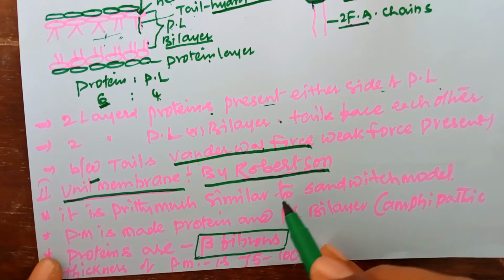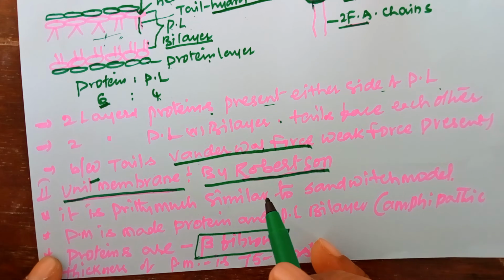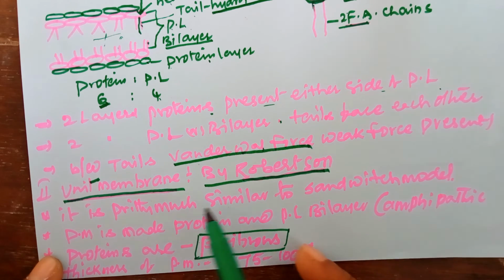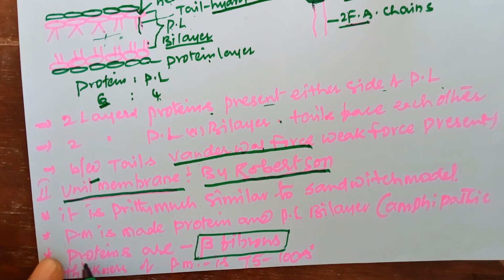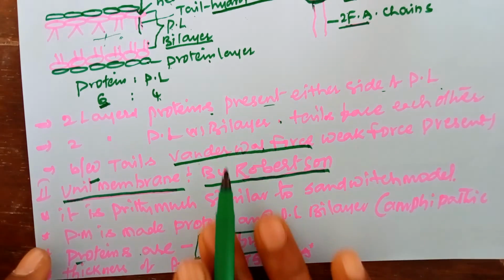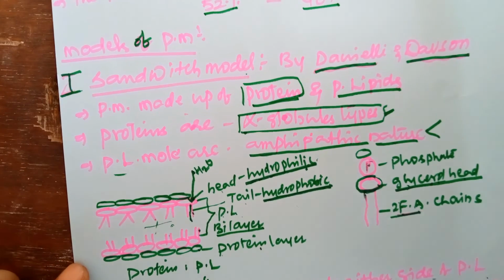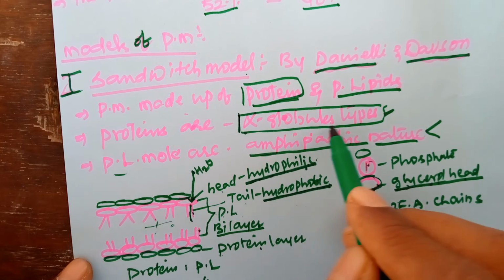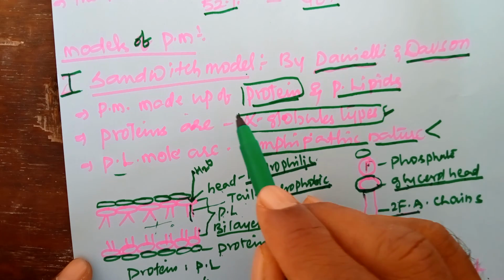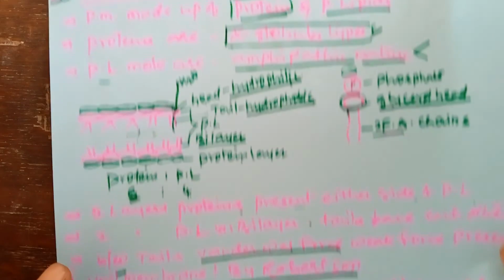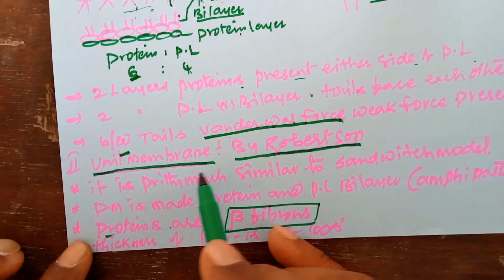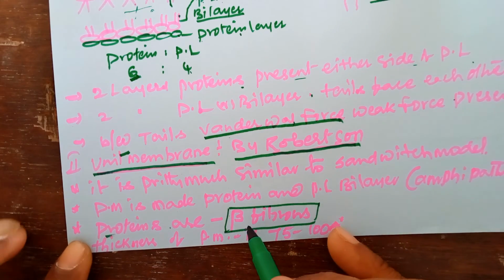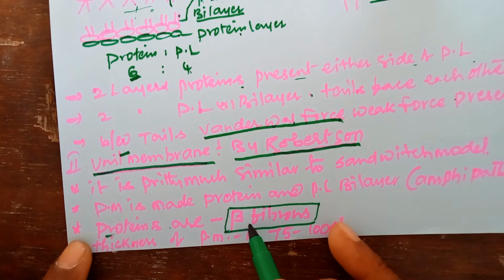The difference in the unit membrane is only the type of protein. In the case of the sandwich model, the protein is alpha globular type of protein present in the plasma membrane, and as per the unit membrane by Robertson, the protein belongs to beta fibrous type of protein.